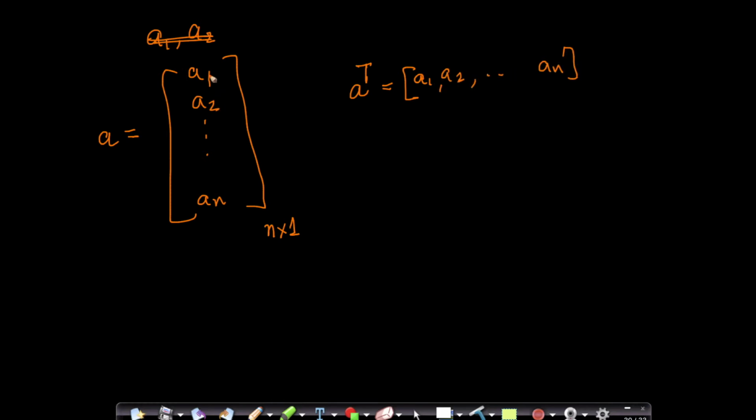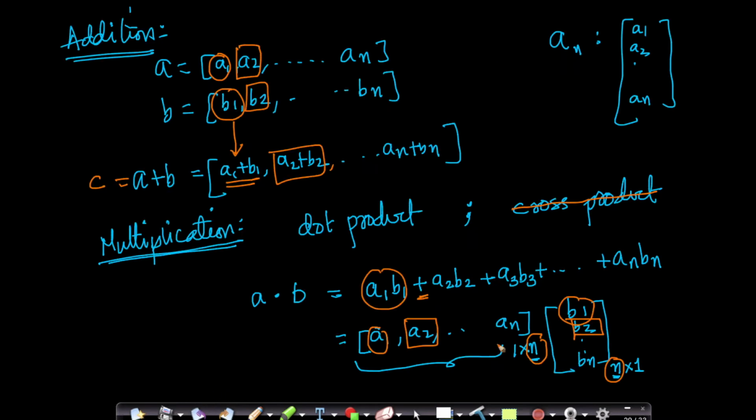So I can convert a column vector into a row vector by taking an operator called transpose, and this becomes 1 cross n. So going back to our previous example, you can write A dot B as nothing but A transpose B.